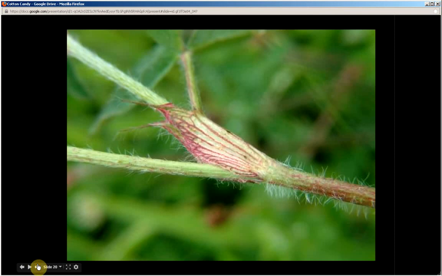Now, this picture shows us again the sparsely hairy stems. And there is an appendage, which in botany is referred to as a stipule, that grows at the base of each leaf.